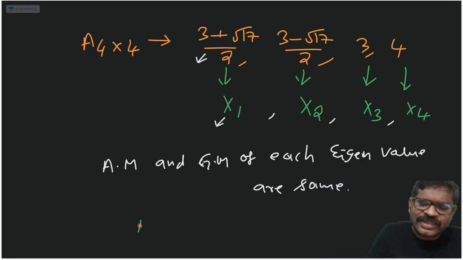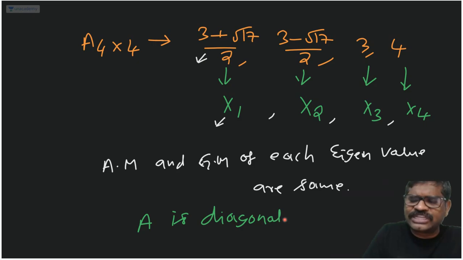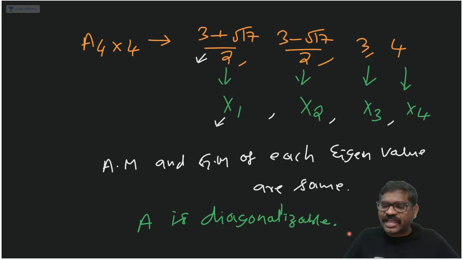Therefore, matrix A is diagonalizable because of 4 distinct eigenvalues. For every distinct eigenvalue there is one independent eigenvector, so 4 independent eigenvectors. Therefore, the matrix is diagonalizable. The first statement is true.